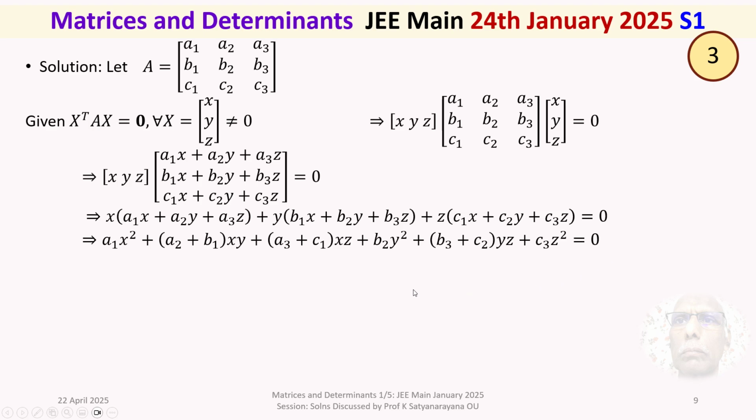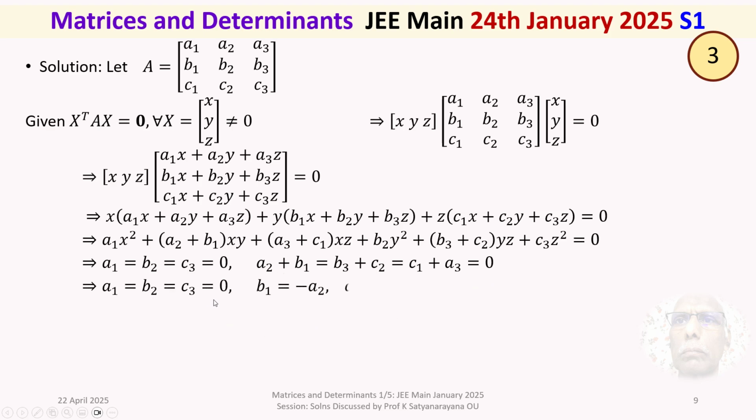Now equating the corresponding coefficients, you will get a1 is equal to b2 is equal to c3 is equal to 0, and xy term a2 plus b1 is 0, xz term c1 plus a3 is 0, yz term b3 plus c2 is equal to 0. They are all equal to 0. So this will imply a1 is equal to b2 is equal to c3 is equal to 0, b1 is equal to minus a2, c1 is equal to minus a3, c2 is equal to minus b3.